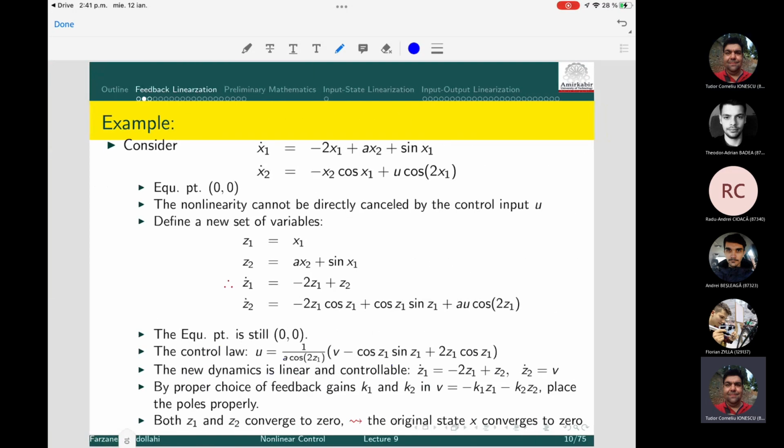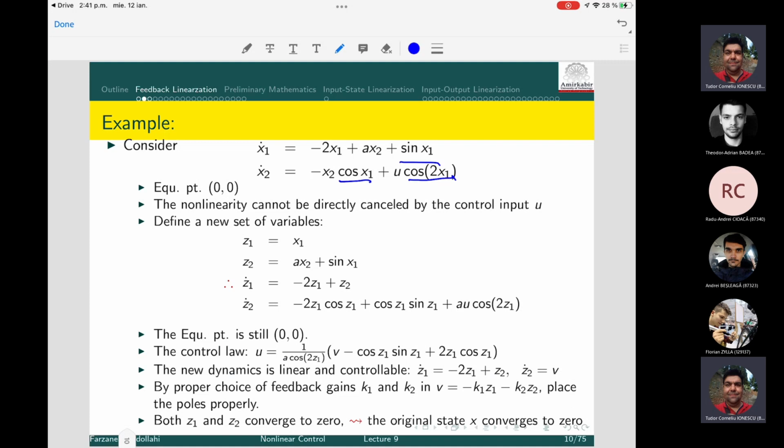Example: we have this nonlinear system, as you can see here. Nonlinearity, nonlinearity, nonlinearity. The equilibrium point of this is apparently the origin.